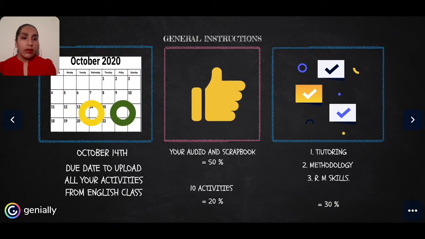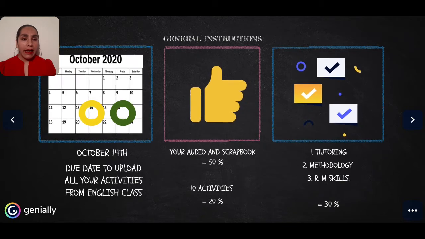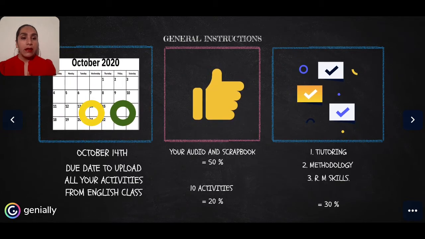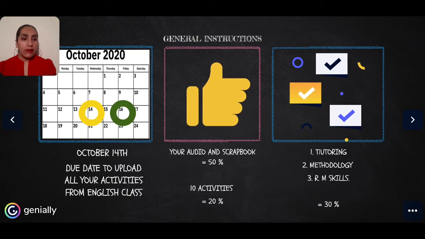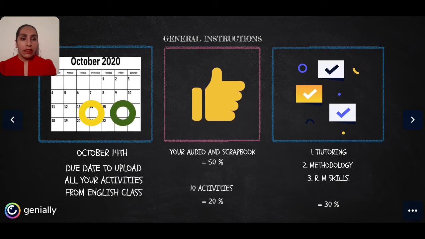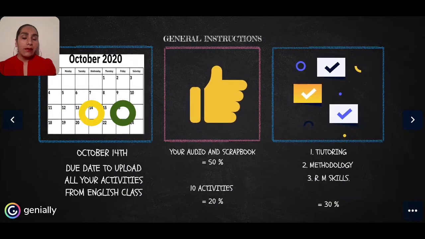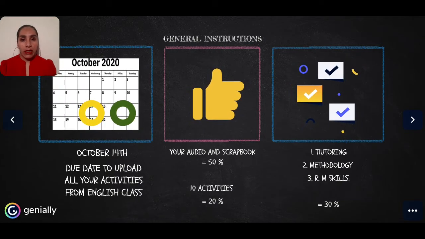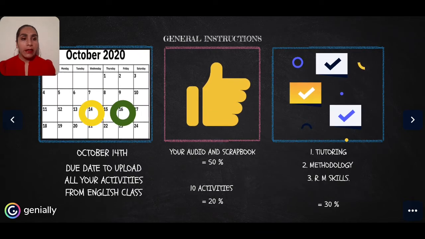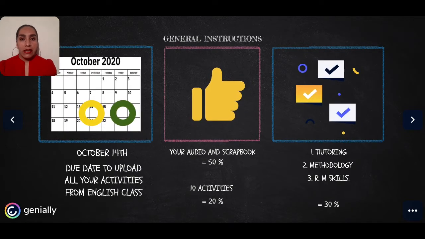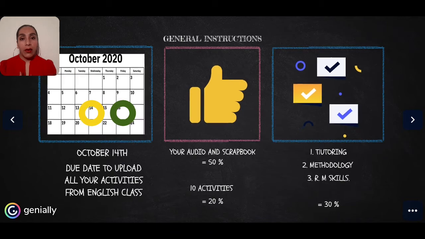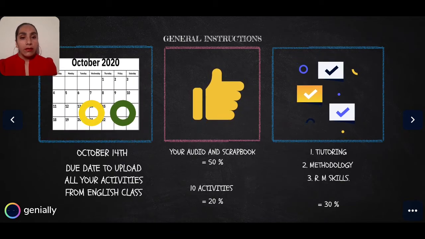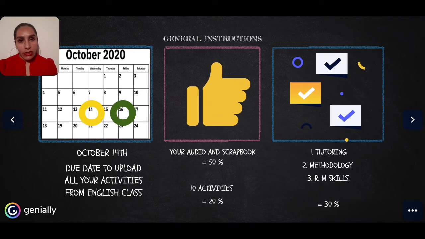Y por último tenemos nuestras 3 áreas que son tutoría y orientación educativa, metodología de la investigación y habilidad de comprensión lectora y matemática, que equivalen al 30% de su calificación. También es importante que cumplan con estas actividades para que tengan la posibilidad de llegar a un 10 cumpliendo con todo. Okay? Basically, those are the general instructions.